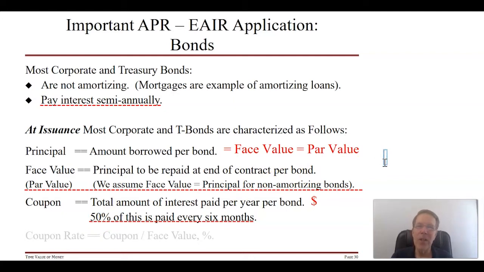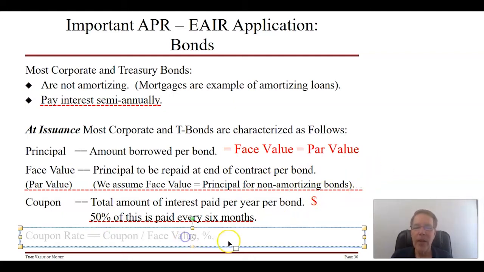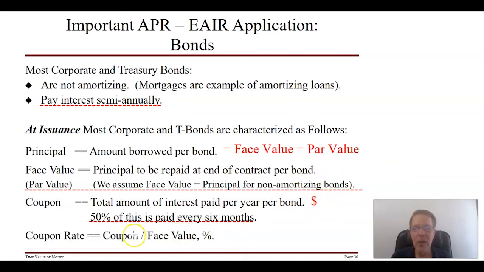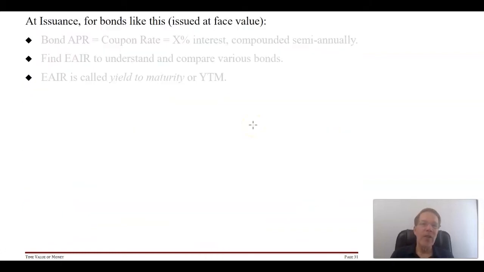So this is going to bring in the APR problem, okay? And the coupon rate of a bond is just equal to the coupon, that total for the whole year, divided by face value. And once we do that, we have dollars divided by dollars, and that will be reported as a percent.